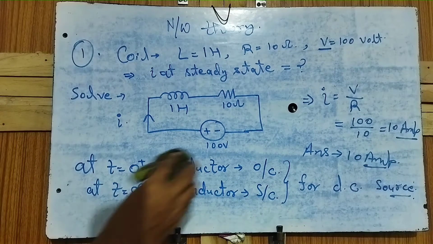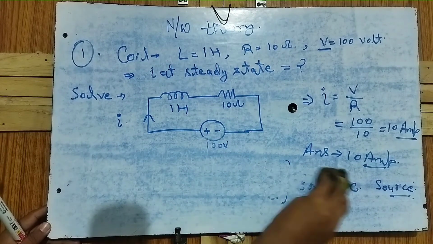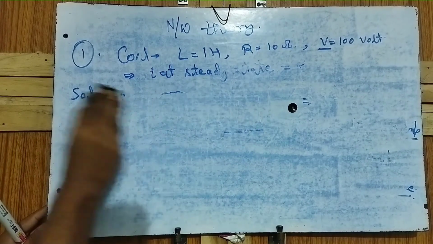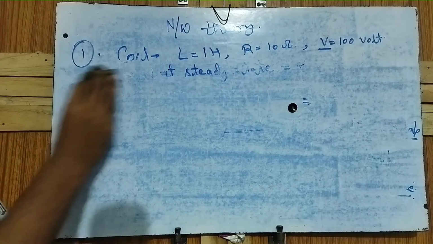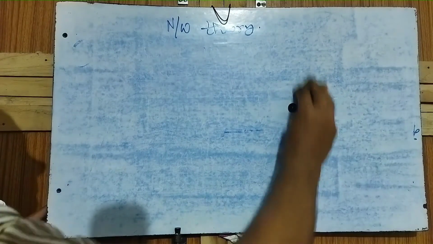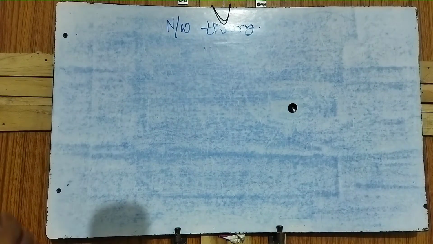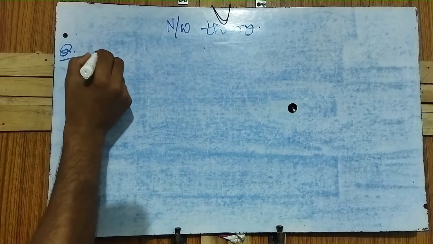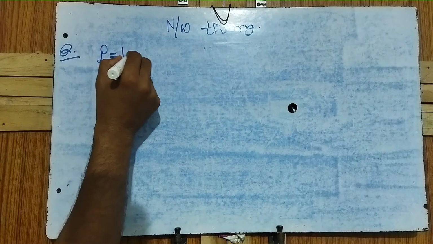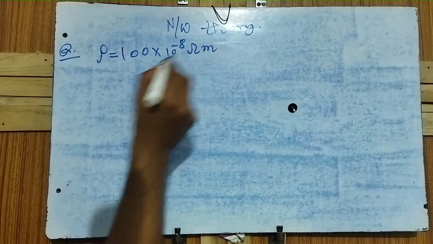Next question. What is the value of length if rho, R and diameter are given? So resistivity rho of a wire is given as 100 into 10 power minus 8 ohm meter.